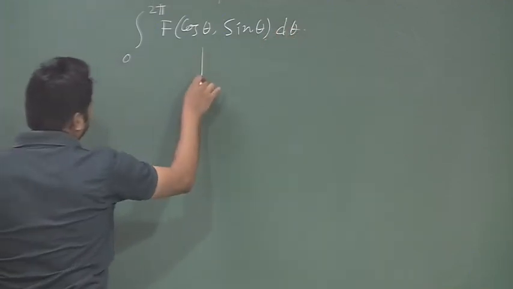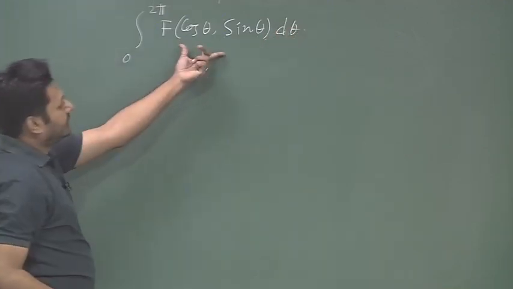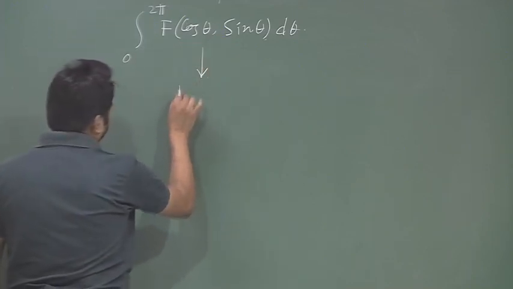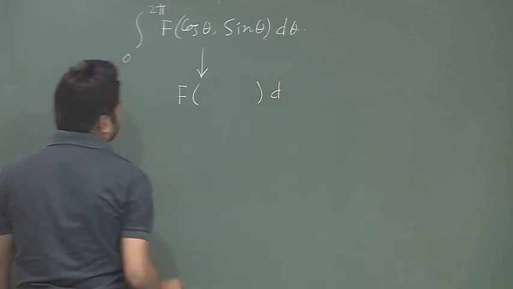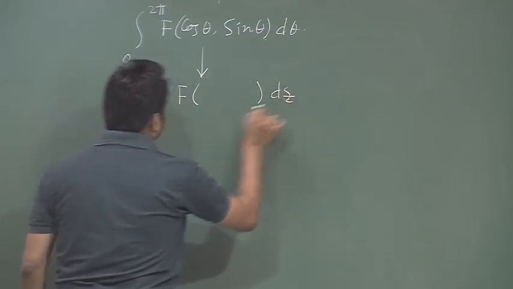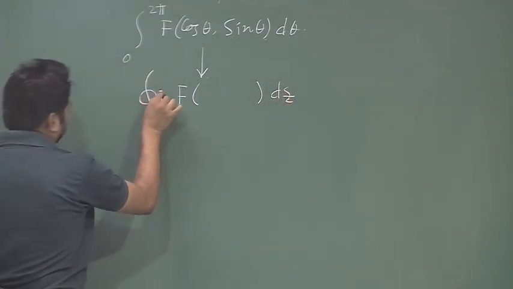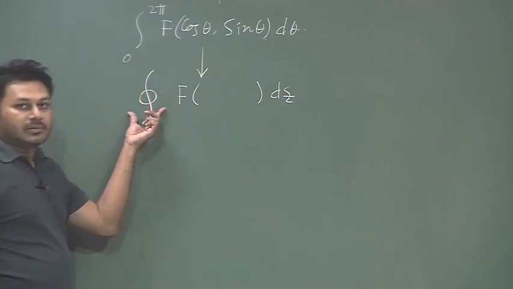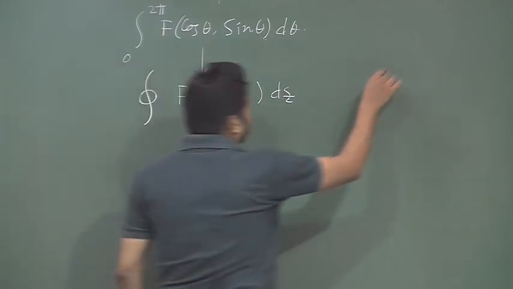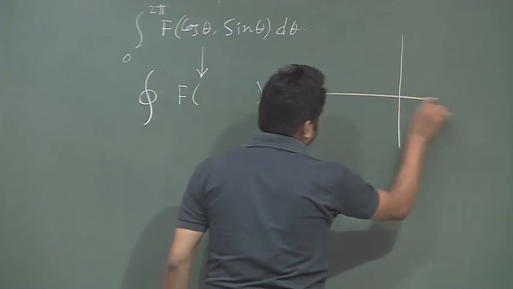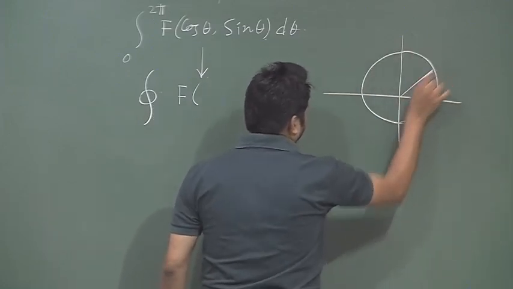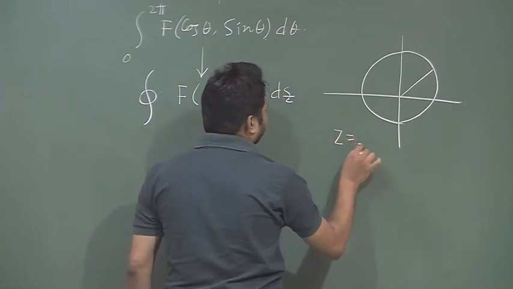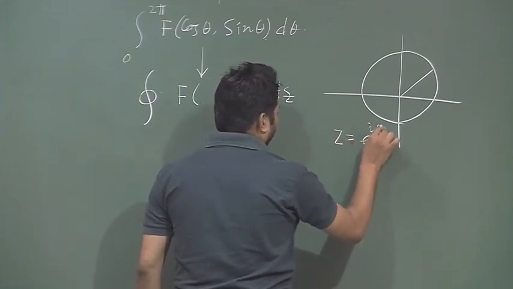then we can convert this function to a complex function, and then I can evaluate this integration by taking some suitable contour. Here the contour was taken as the unit circle, so that my z becomes e to the power of i theta.